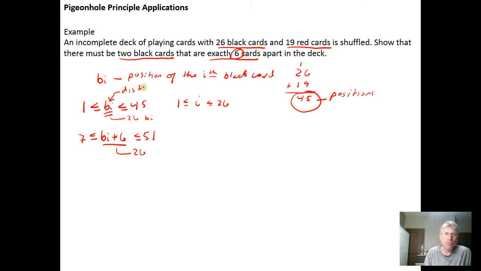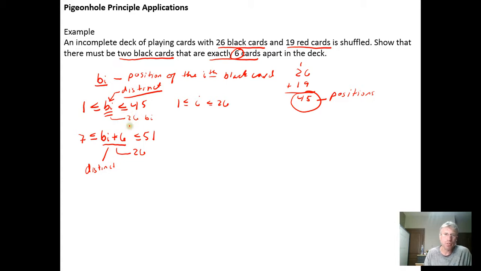No two of them are the same. That's the key. No two are the same, which means that each b sub i plus 6 will be distinct or unique. There's 26 b sub i plus 6's, and no two of them can be equal to each other, because b sub i is a position in the deck, and no two cards can share the same position. So we have two distinct sets of integers.